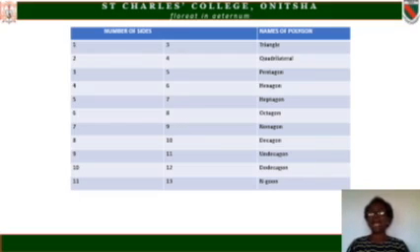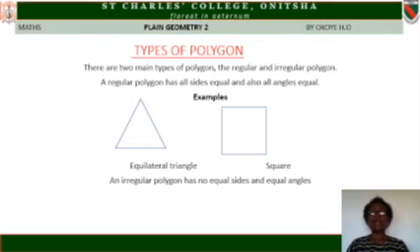Pentagon, 5 sides. Hexagon, 6 sides. Heptagon, 7 sides. Octagon, 8 sides. Nonagon, 9 sides. Decagon, 10 sides. Undecagon, 11 sides. Dodecagon, 12 sides. Tridecagon, 13 sides.